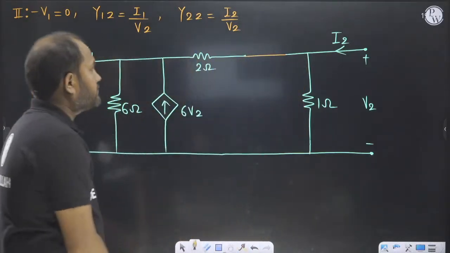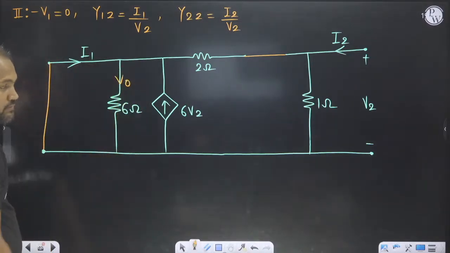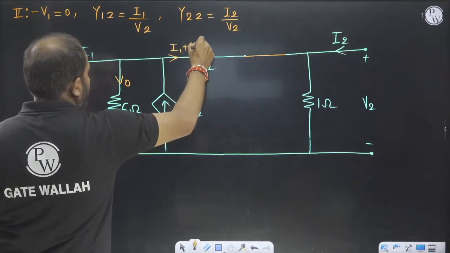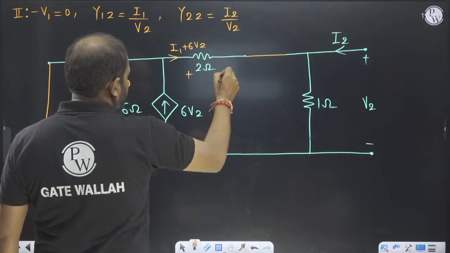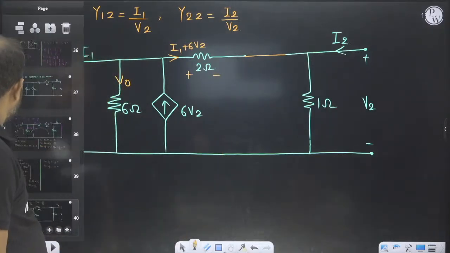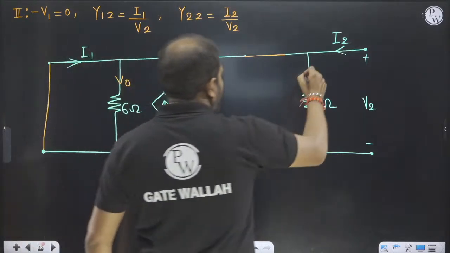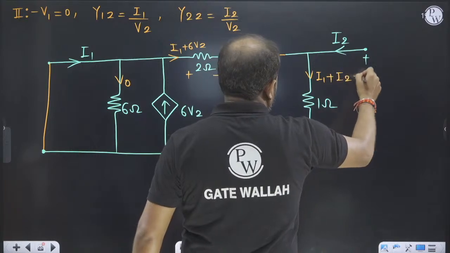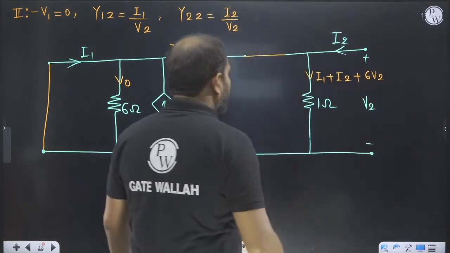So here 0 current will flow. Then we have I1 plus 6V2 current. This current is flowing like this, so plus minus. Then we have current like this, I1 plus I2 and 6V2, plus minus.